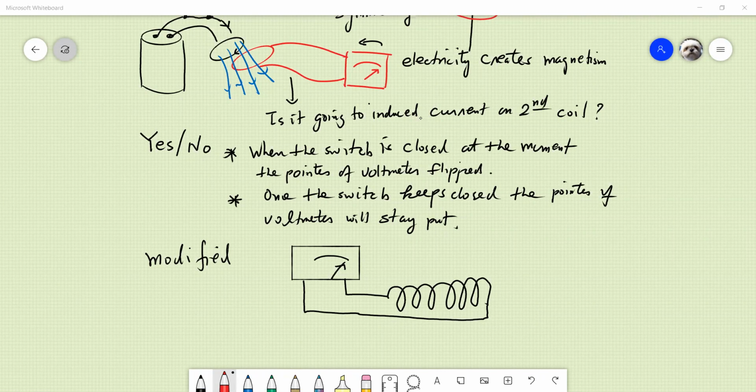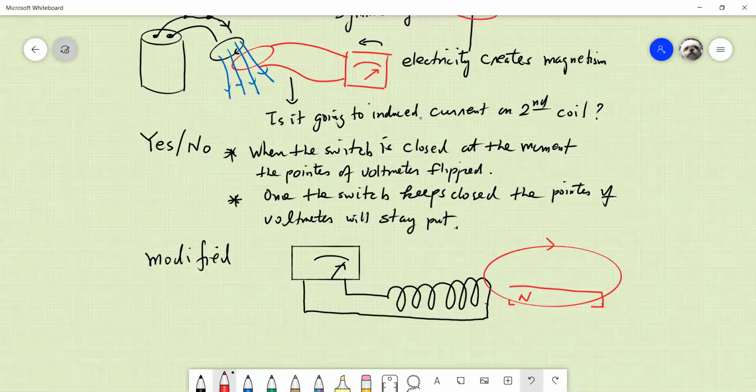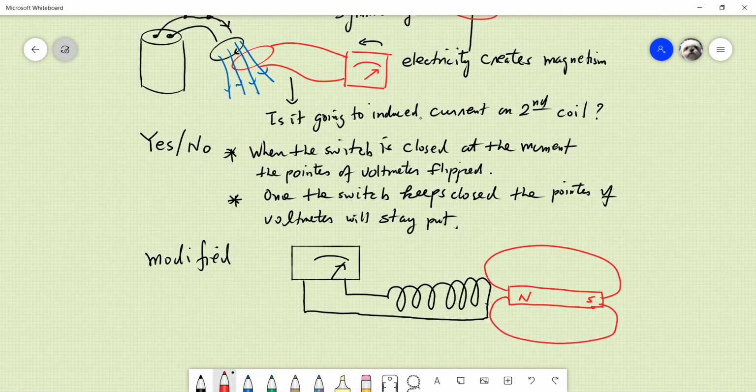But now the way we create a magnetic field is not from a coil connected to a battery. I'm using a bar magnet, with north and south. The magnetic field goes out like this. We did that last time.